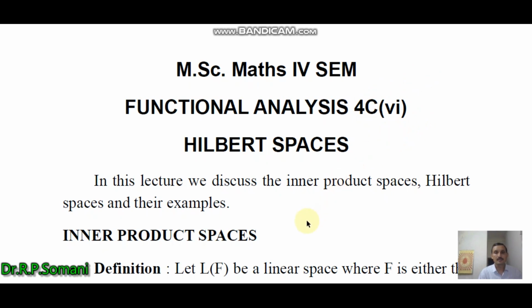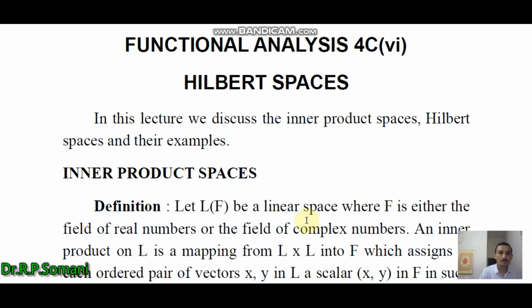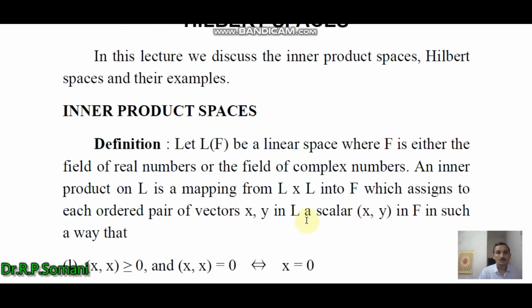So first we define the inner product space. The definition of the inner product space is: let L be a linear space over F, where F is either the field of real numbers or the field of complex numbers.